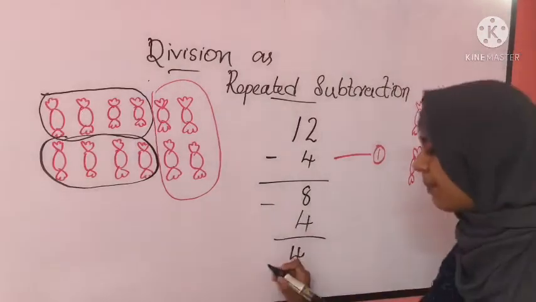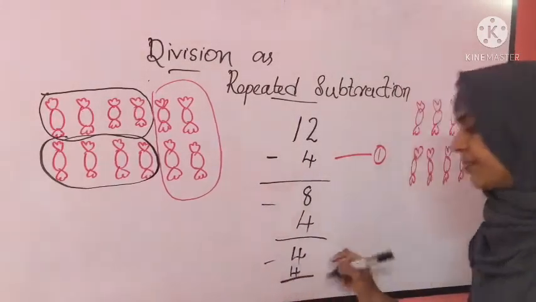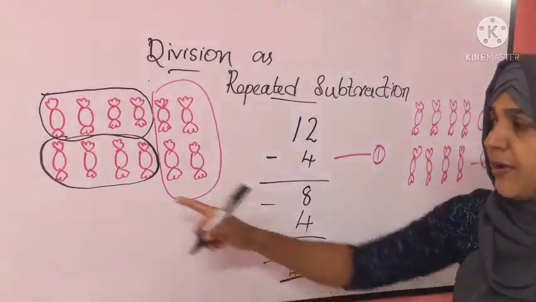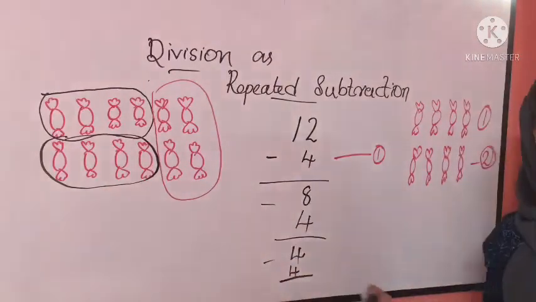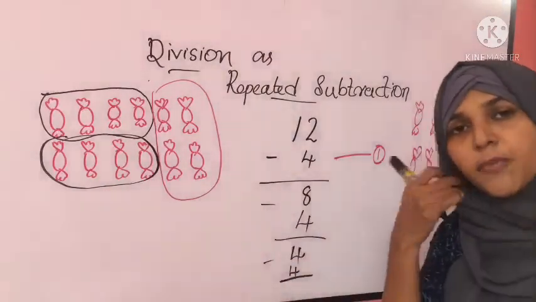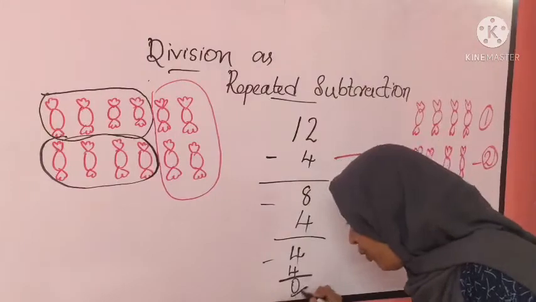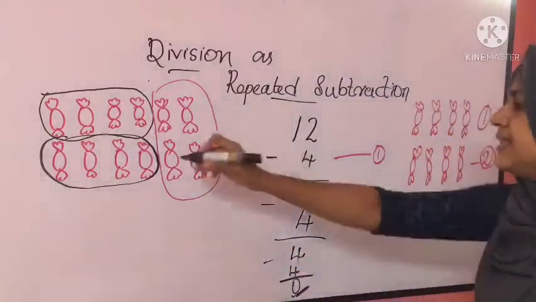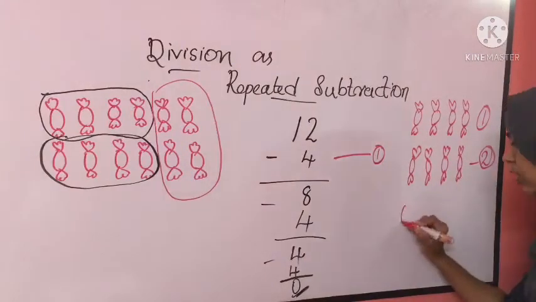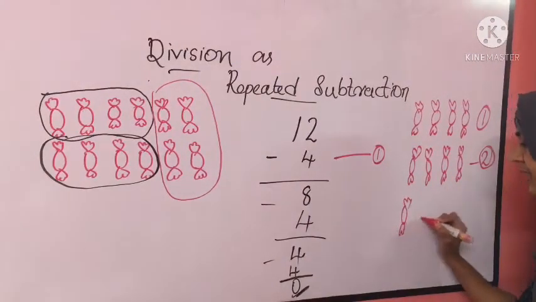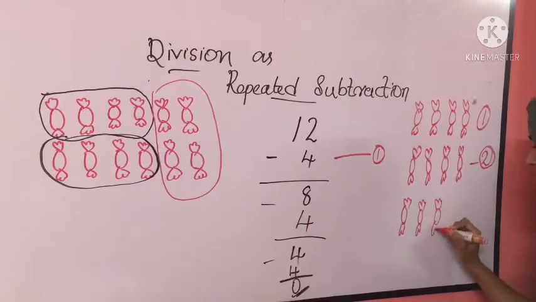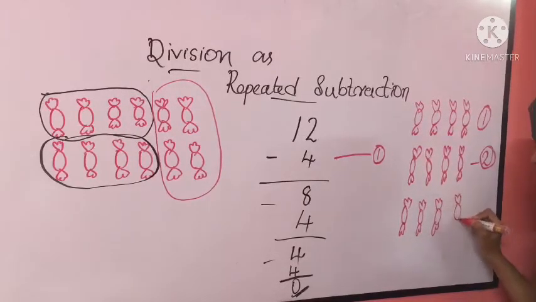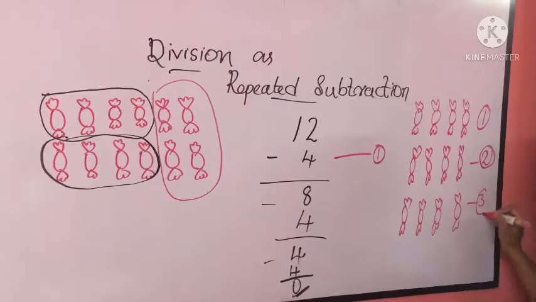So 4 minus 4. We all know 4 minus 4 is 0. So in my hand there are 0 chocolates, and this last set of 4 chocolates makes the third group.